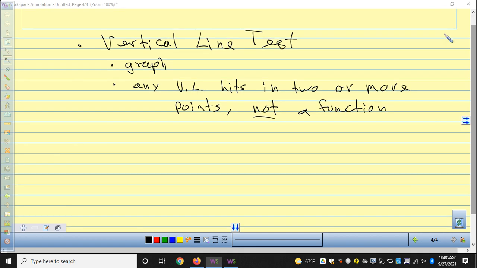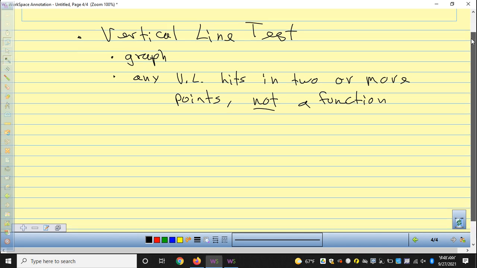So our vertical line test works on graphs. And if the vertical line hits our graph in 2 or more places at a single time, then the graph is not a function. So let's look at an example. So we're using the vertical line test on these functions.